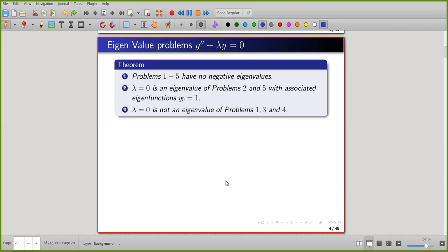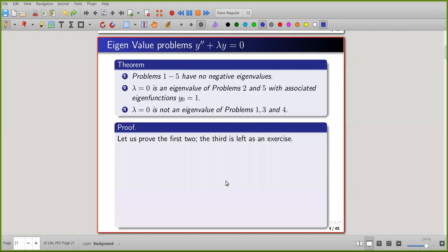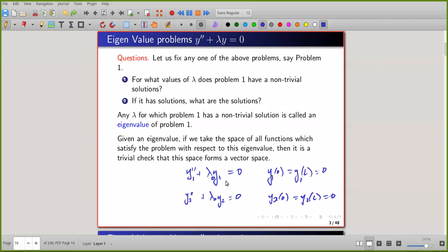All these are very easy to prove. Let us prove the first two. The third is left as an exercise. Let's look at problem 2.